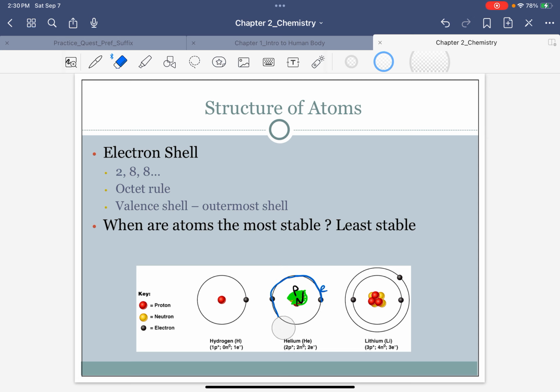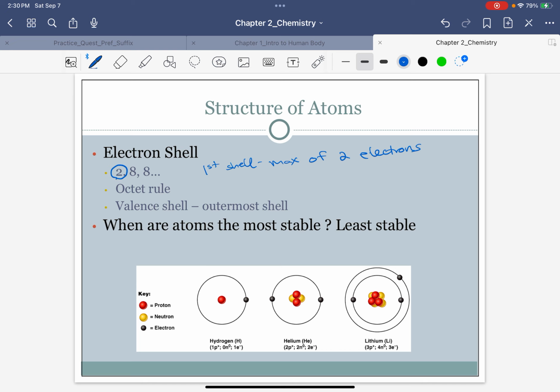That's just a review. Okay, good. Let's talk more about these outer shells. The first electron outer shell can hold a maximum of 2 electrons. That's it. The first shell can hold a maximum of 2.